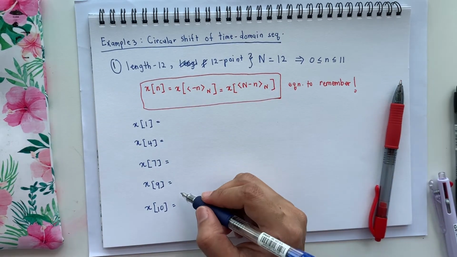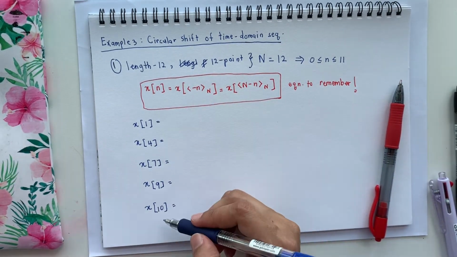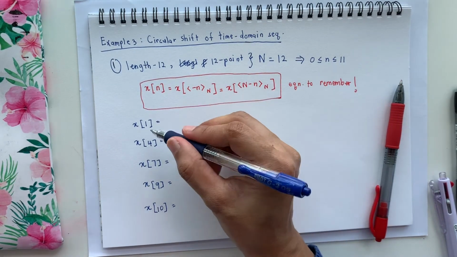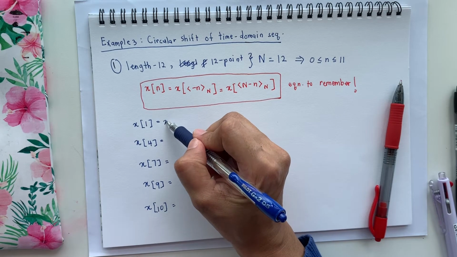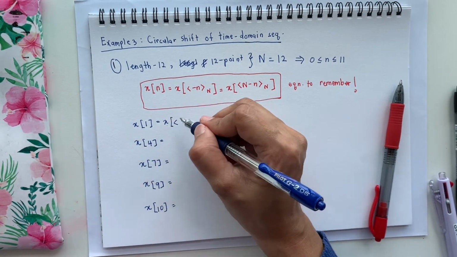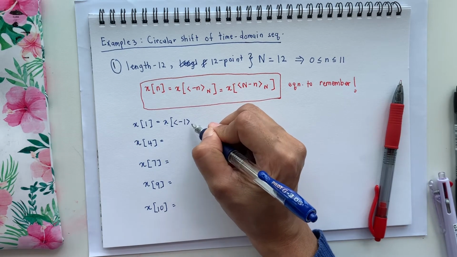Next, after you identify the missing samples, you just have to apply this equation. So n is equal to 1, x[-1] is x[N-1].